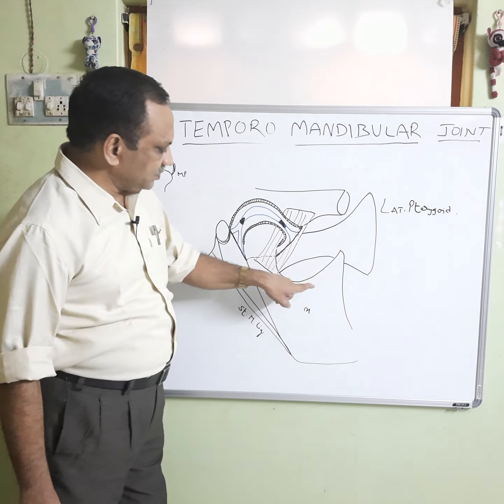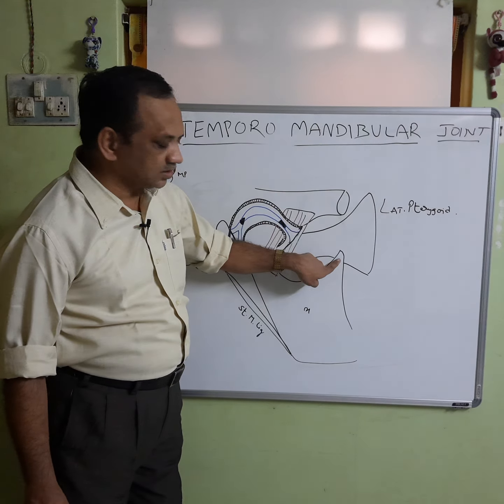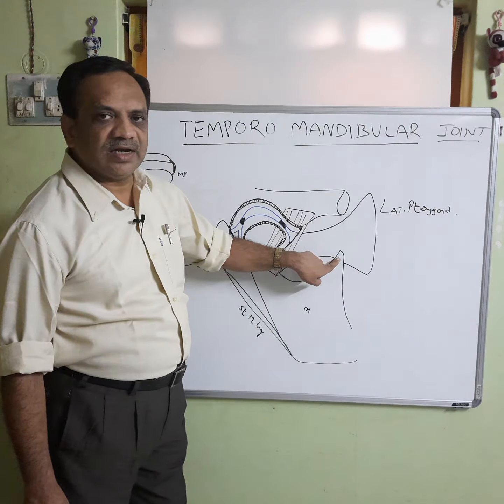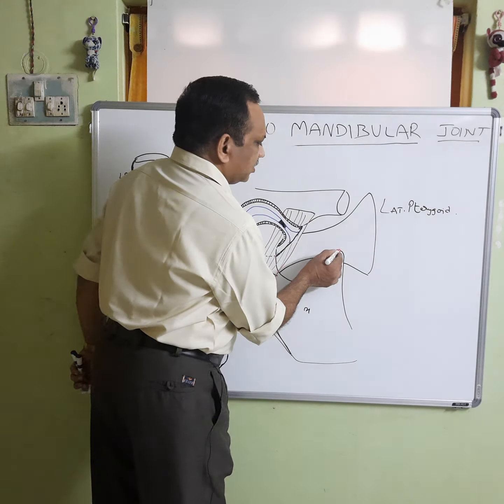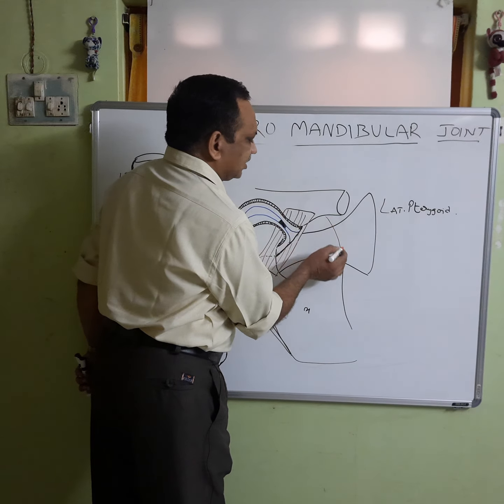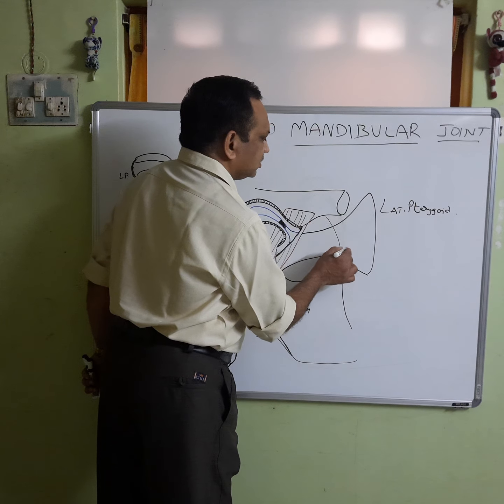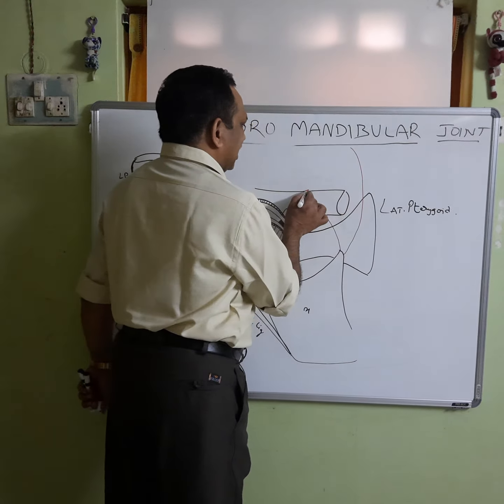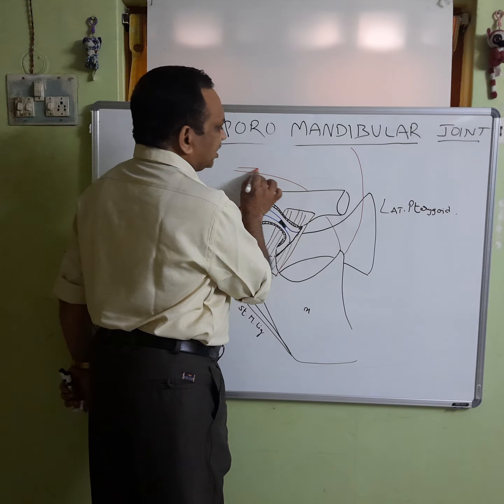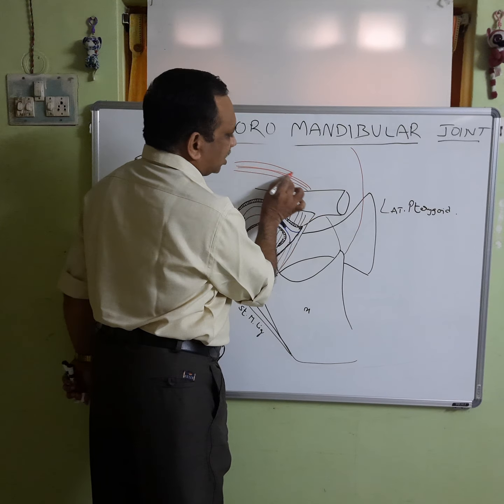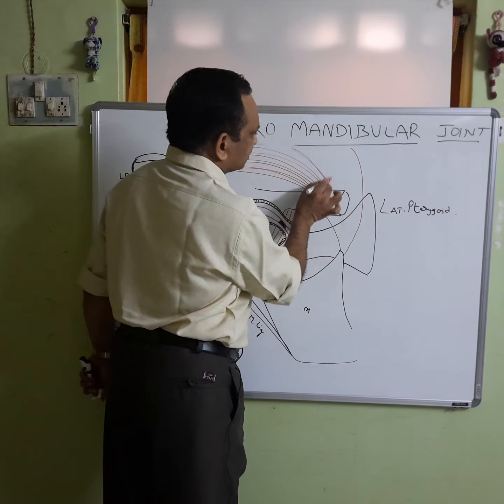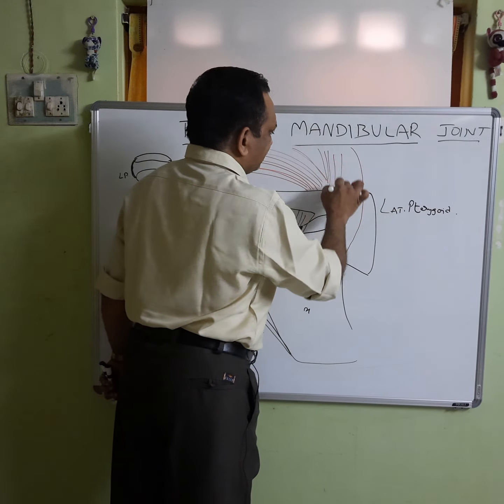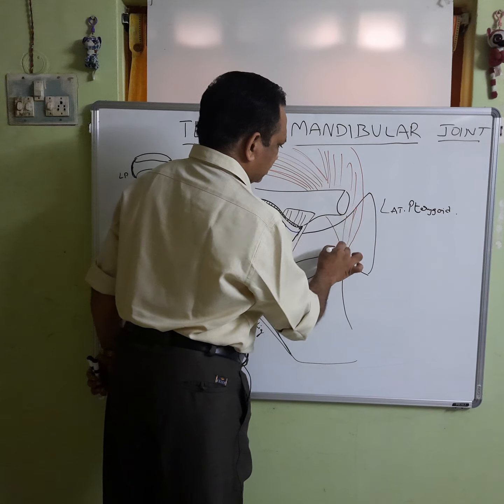Then, if we see, this is the coronoid process, and the temporalis muscle is inserted here. The temporalis muscle, under the zygomatic arch, is inserted like this. The most posterior fibers are almost horizontally present, if you remember, and the anterior fibers are vertically oriented.